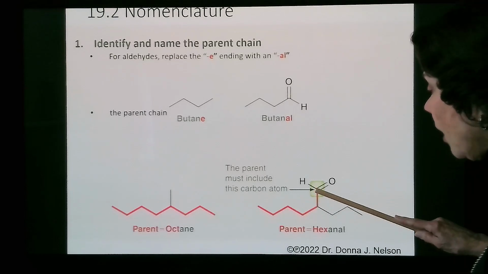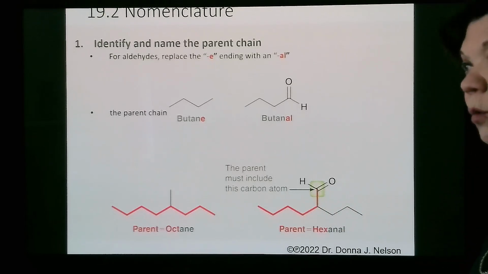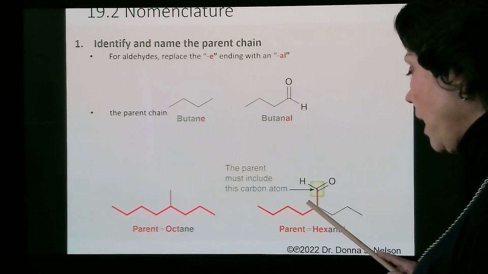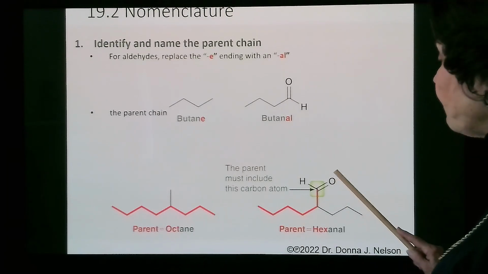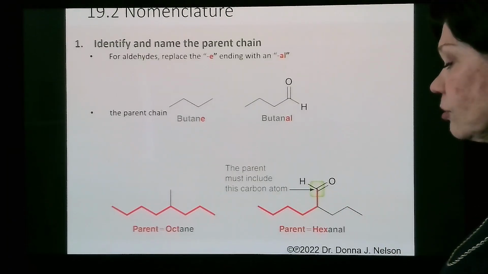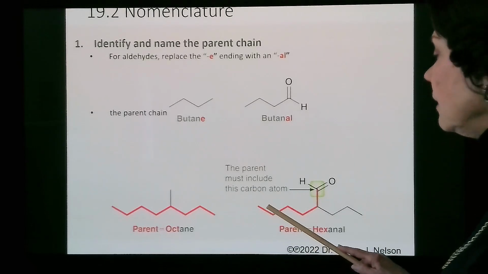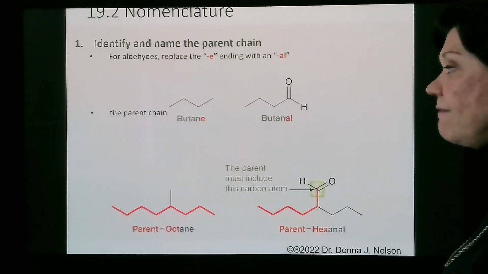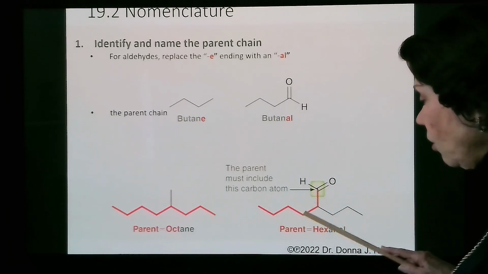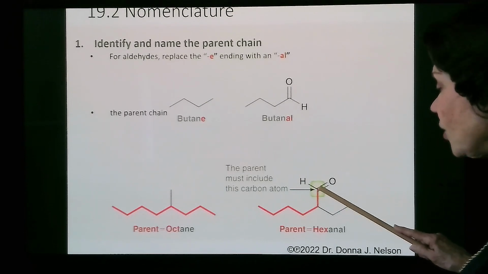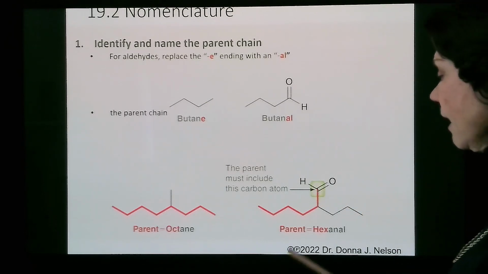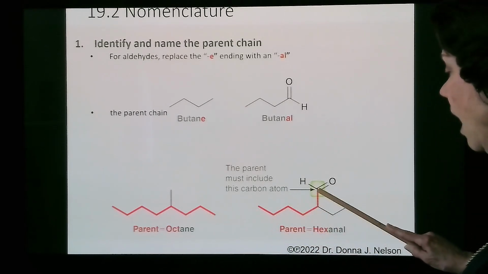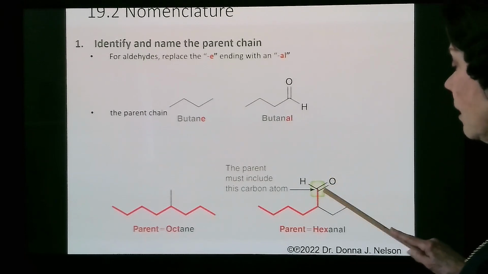The parent must always contain the highest priority functional group. This molecule only has 1 functional group, and that is this aldehyde functional group. And so the parent must contain that functional group. So now you have to identify the longest carbon chain that contains that functional group. Instead of going out on this propyl chain, we go up onto this carbon that bears the carbonyl.